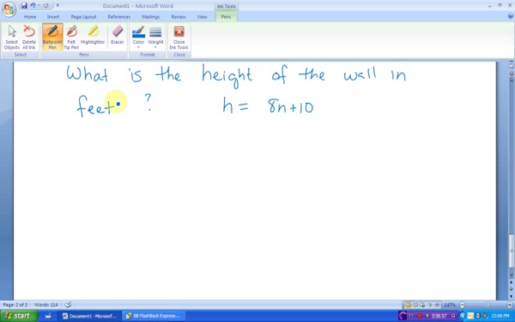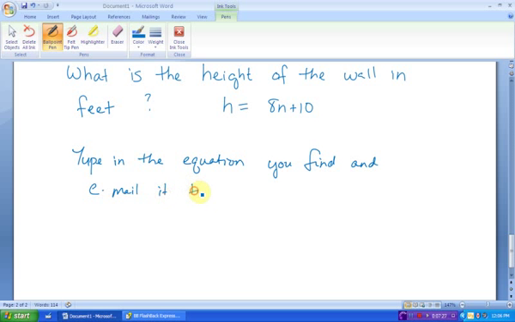And what I would like for you to do is type in the equation you find and email it to me. This is an assignment, and it's worth 5 bonus points.